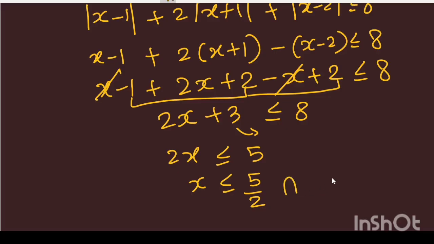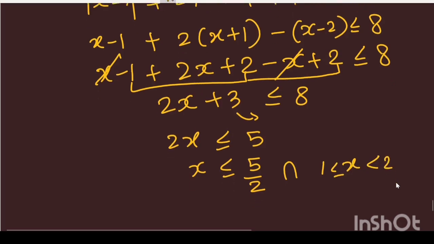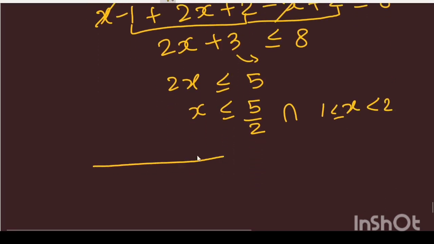Now you take intersection with 1 to 2. So what we will get, guys? x less than equal to 5 by 2 is this, where 5 by 2 is included.